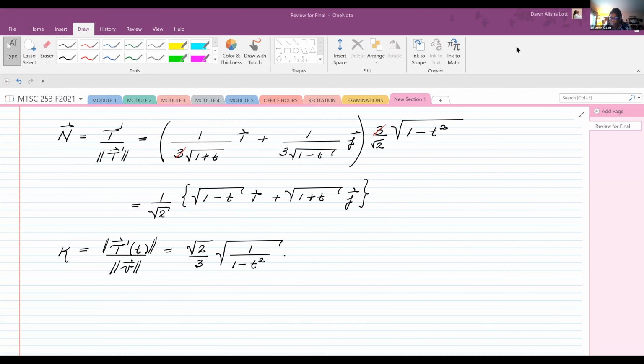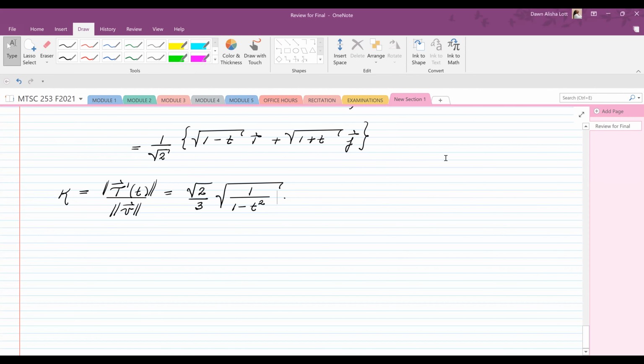It says, consider the level surface f of x, y, z equal to x squared minus y squared plus z squared minus 9 equals 0. I'm still writing, I type faster than I write.